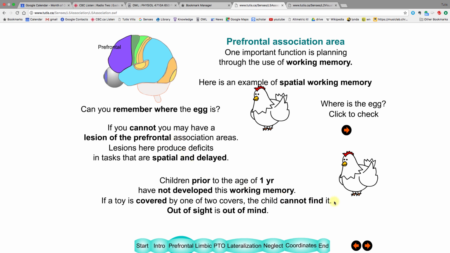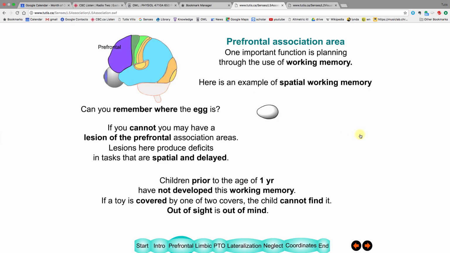Okay, can you remember where the egg is? Is it here? Is it here? Raise your hands for those that think it's here. Good. You've all got good prefrontal cortexes.